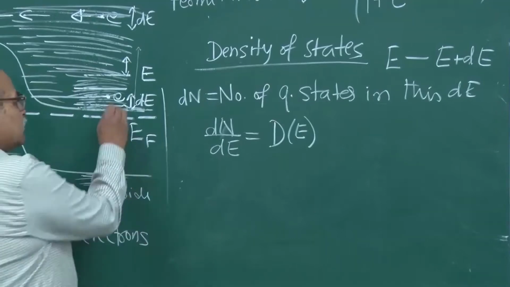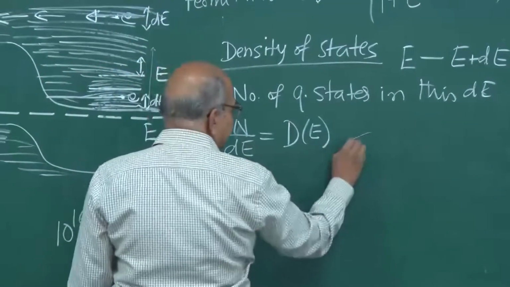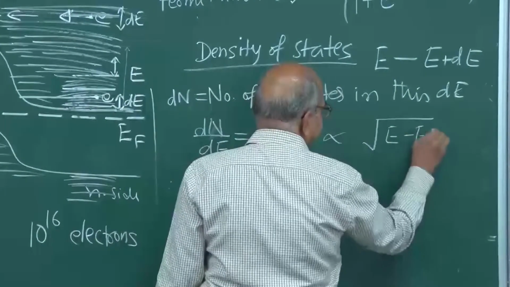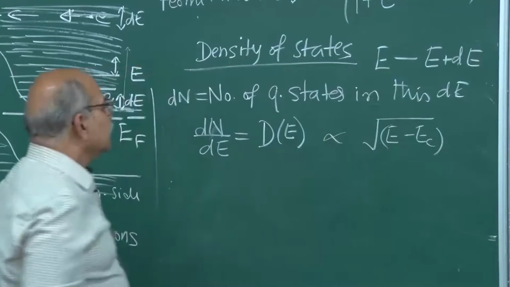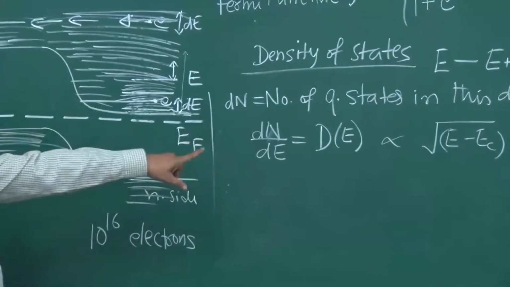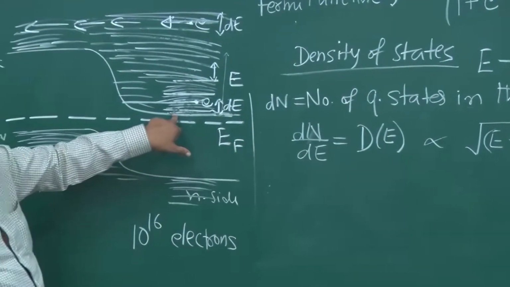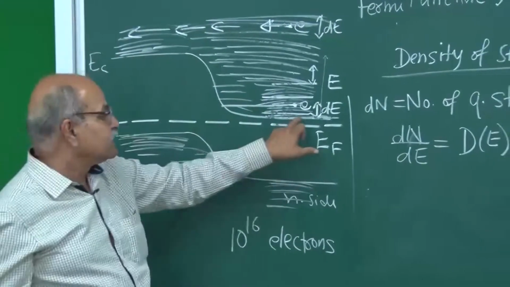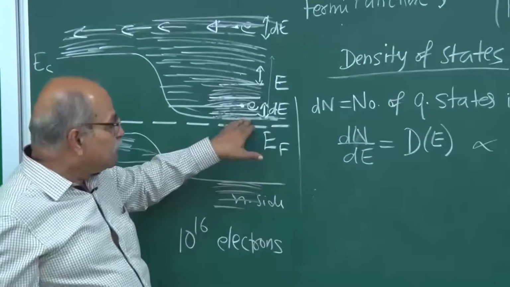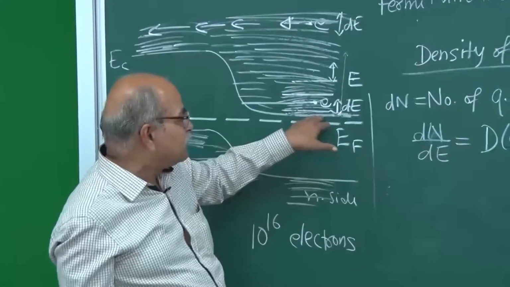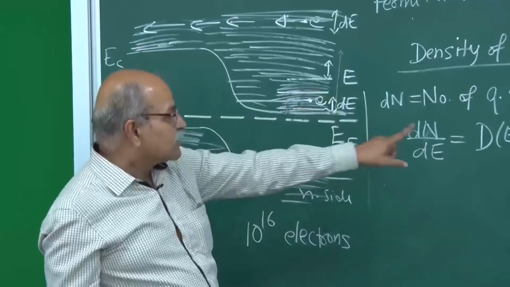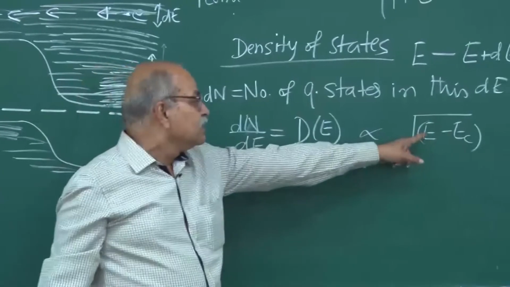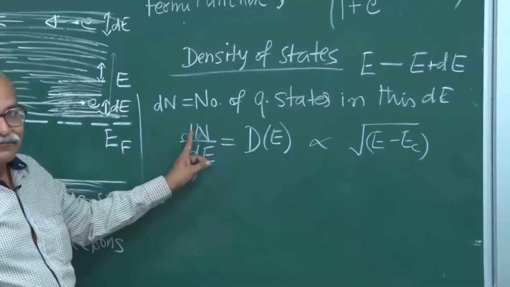In the conduction band, it turns out that D(E) is proportional to the square root of E minus EC. There are some factors here, but energy-wise this is the dependence, and EC is the bottom of the conduction band. As you increase E, this number increases.